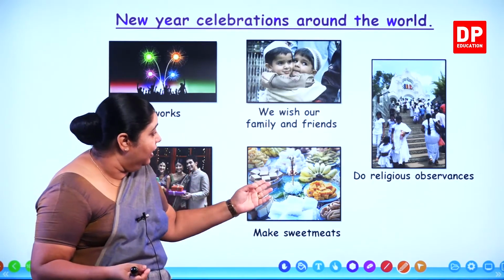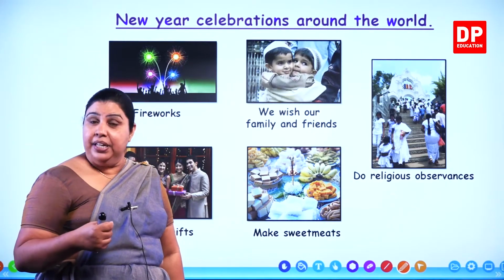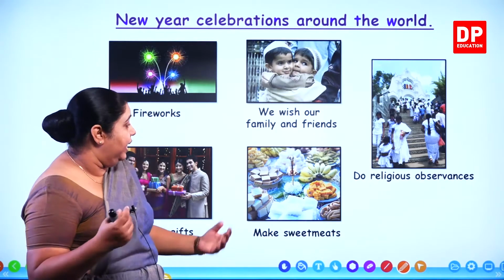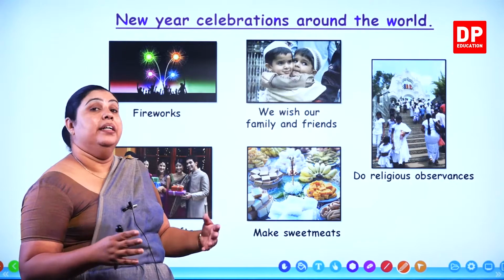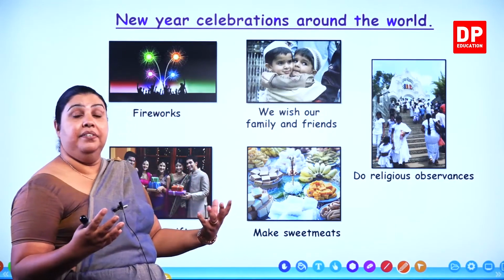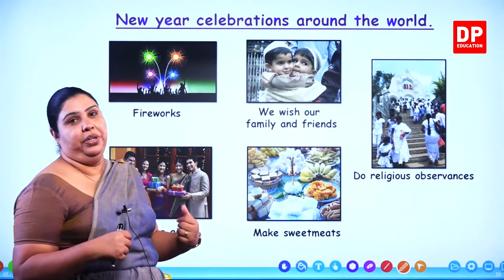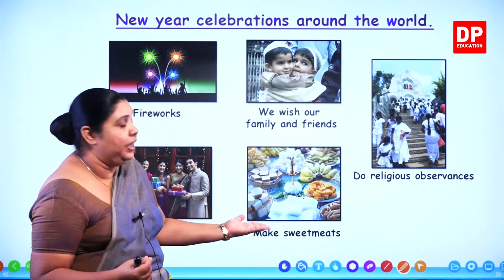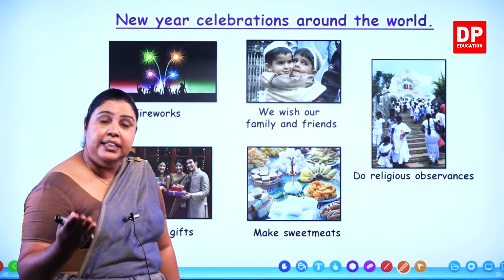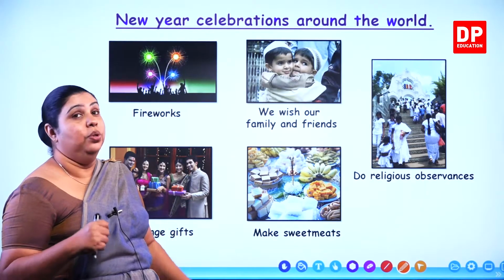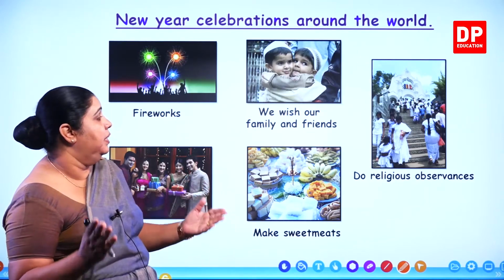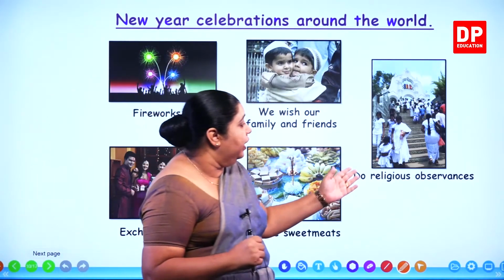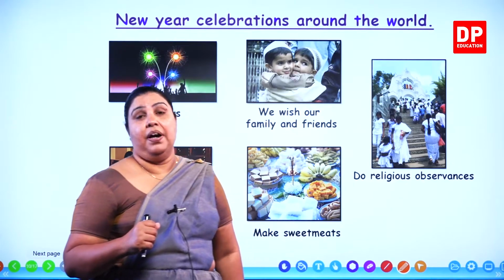And then we light a lamp as well, right? To say that it's a beautiful and a very elegant, a very happy and prosperous new year. So we have all the sweet meats as well. And then at the same time, what do we do to celebrate the new year, to welcome the new year? We do religious observances.